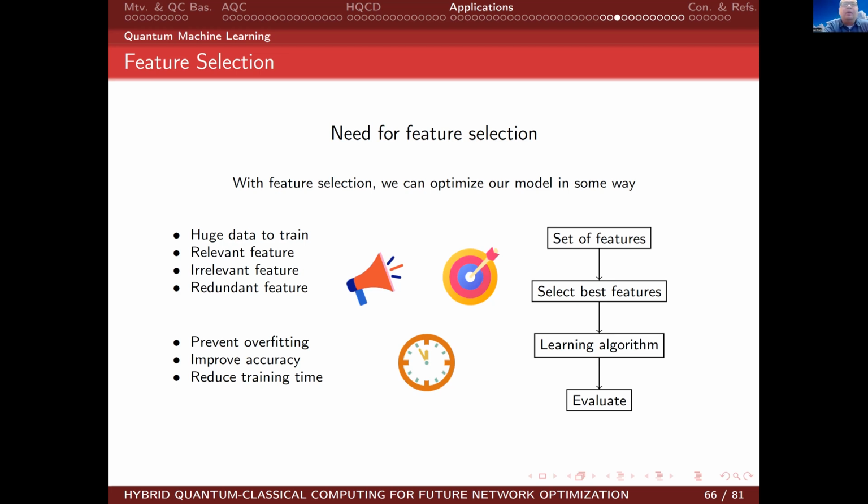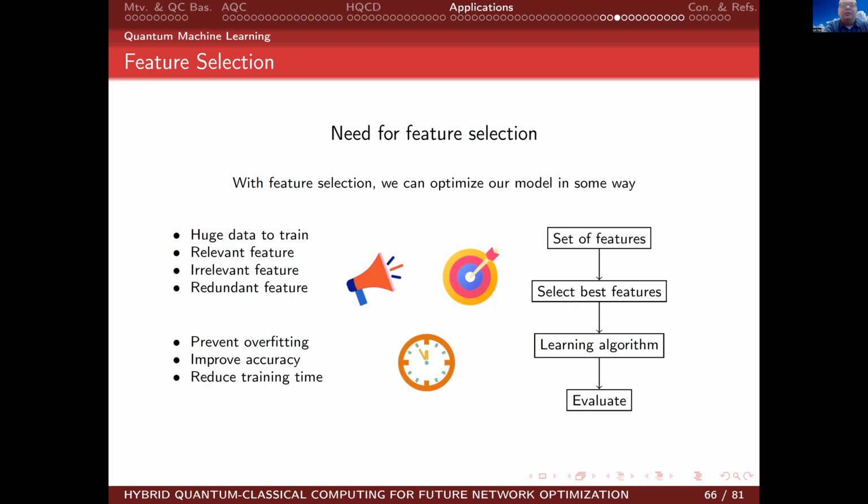For the features, there are relevant features, irrelevant features, and redundant features. We want to get rid of the irrelevant features and keep the relevant features. And we want to reduce the redundant features as much as possible.